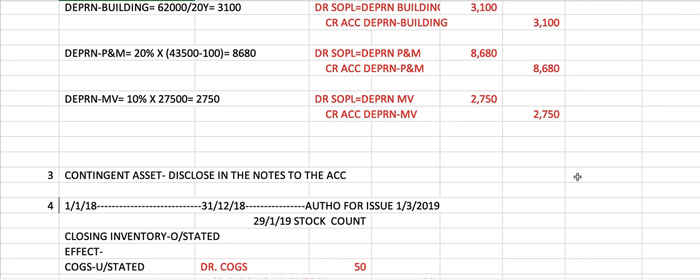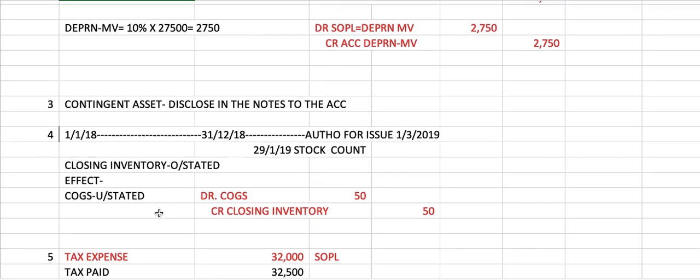It says that the lawyer was of the opinion that most probably the company would win the case. Of course this is not an asset because an asset needs to be virtually certain. But this is a contingent asset because it says most probably the company would win the case. So this should be disclosed in the notes to the account. There's no journal entry for that.